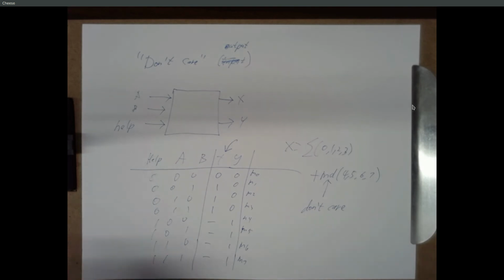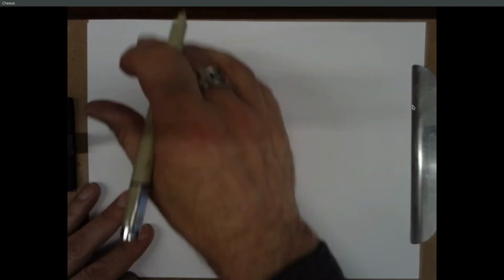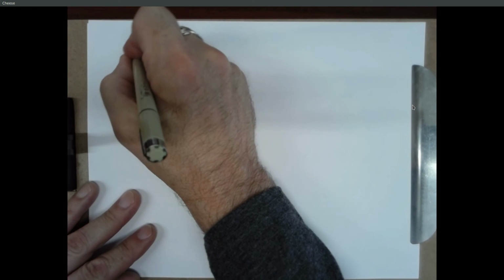All right, so let's go to the board. Let's do some circuit simplification. So pick your groups and find a spot on the board. Probably 4 people to a group. And I'm going to ask you to write the following truth table.